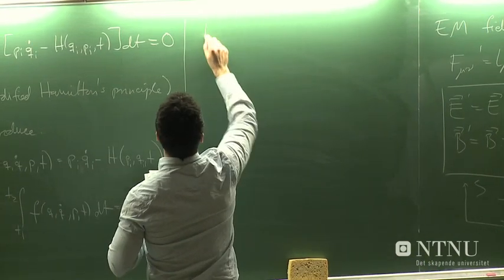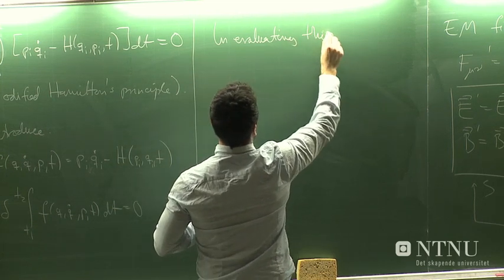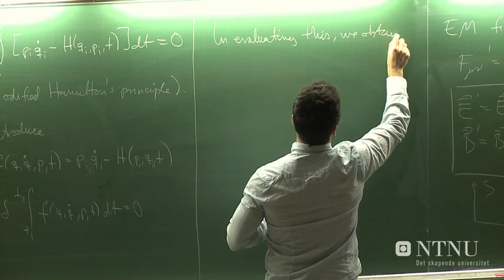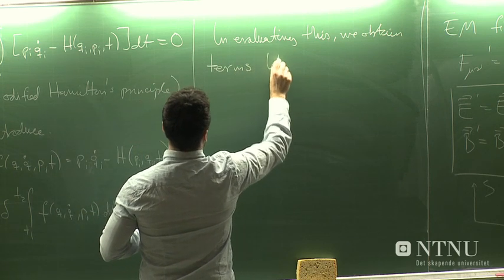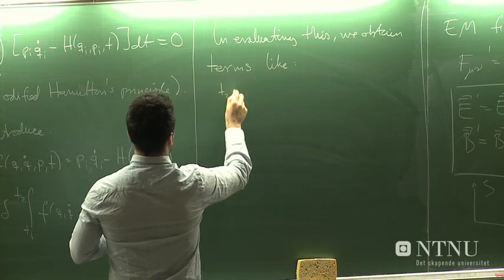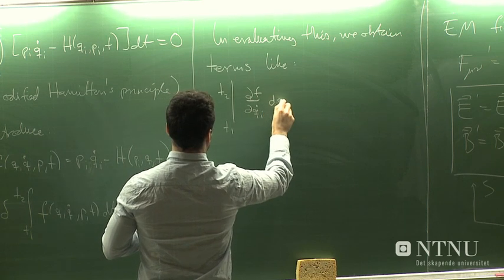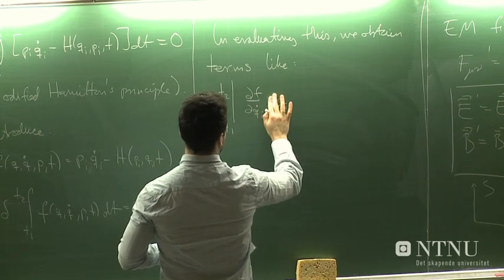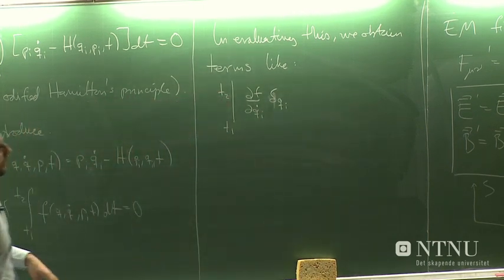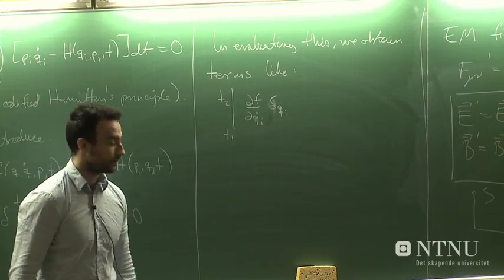So we obtain these surface terms, or boundary terms, if you will, by considering the variation of each of the parameters that F depends on.